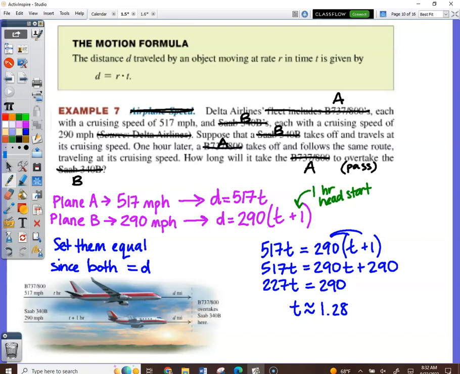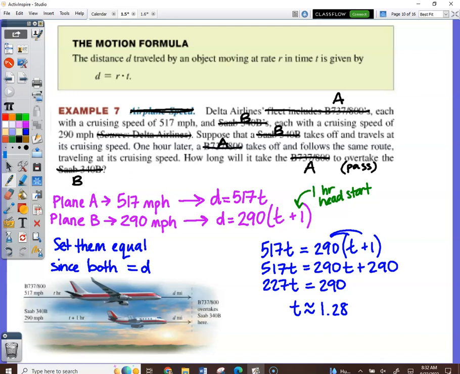Did you get 1.28? Yes. Okay, now we have a problem.